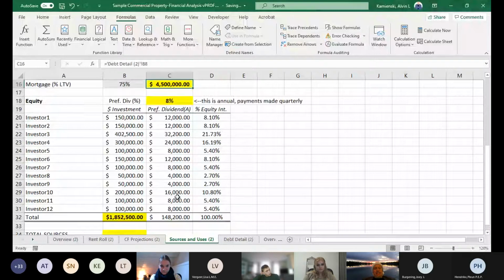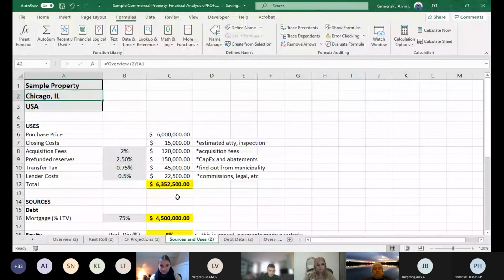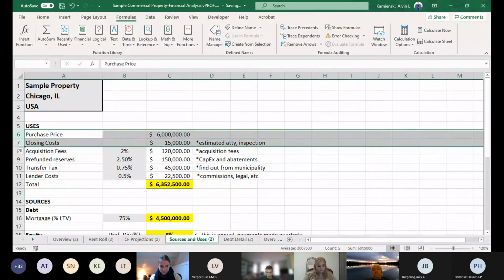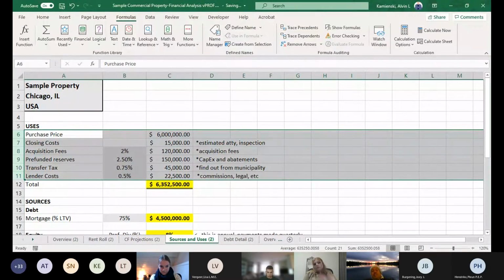Reviewing then back again into sources and uses. So when we think about talking to Maurice, he's going to say, what exactly am I investing in? And we're going to tell him, hey, Maurice, we're going to buy this building, but buying the building isn't just a purchase price. There are additional costs that go into the purchase price of the building.